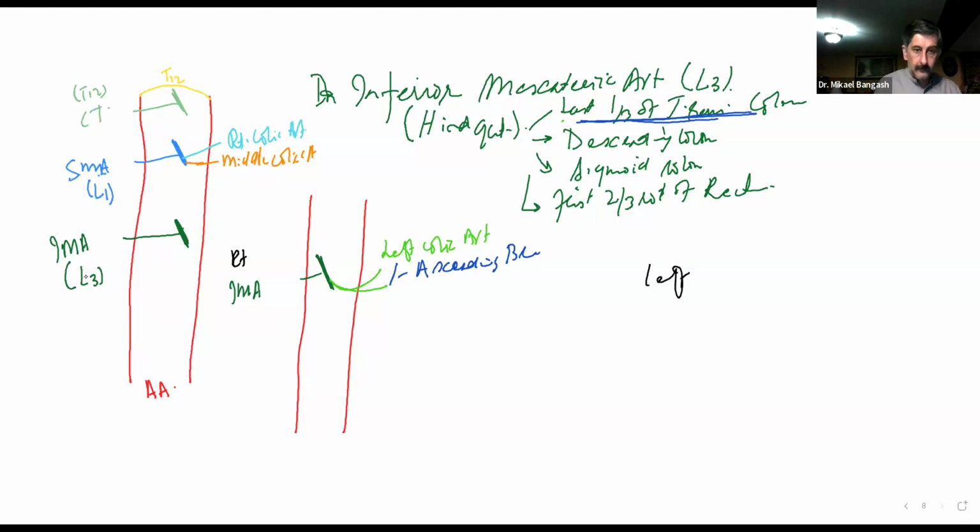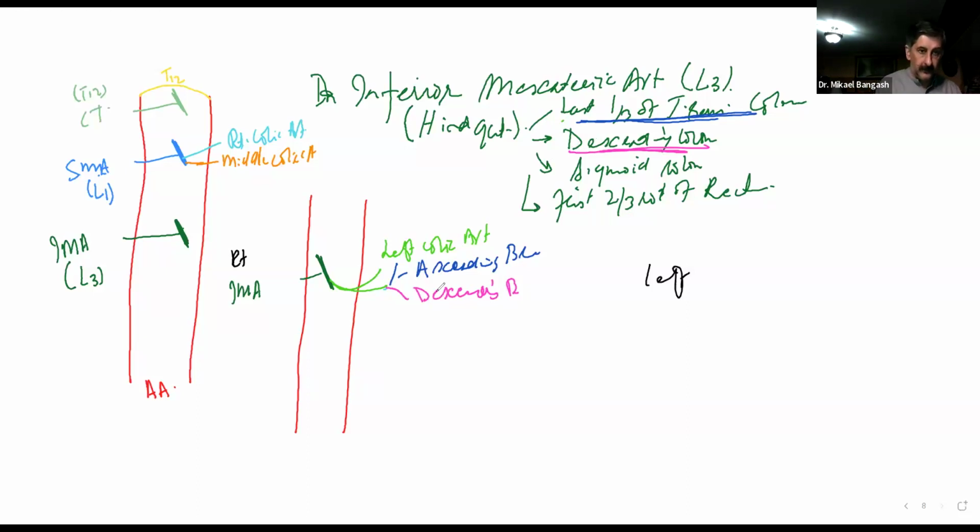And it will have a descending branch, which means it will supply blood to the descending colon.